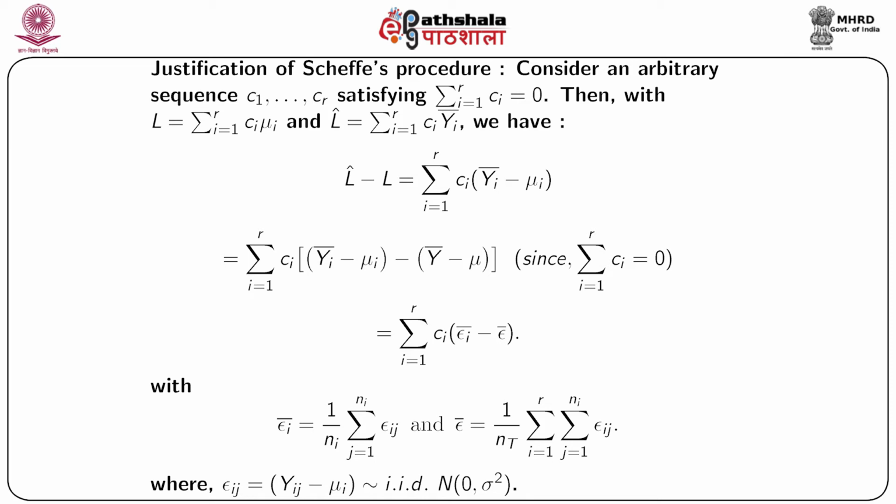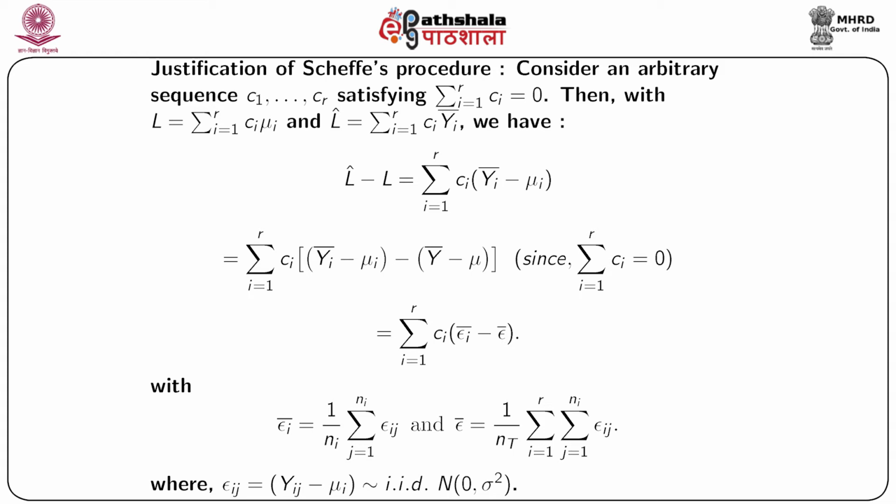So L hat minus L, the difference between the estimated and the expected contrast, equals summation i equals 1 to r ci times (epsilon i bar minus epsilon bar), with epsilon i bar equals 1 over ni summation j equals 1 to ni epsilon ij, and epsilon bar equals 1 divided by nt summation i equals 1 to r summation j equals 1 to ni epsilon ij, where epsilon ij equals Yij minus mu i.